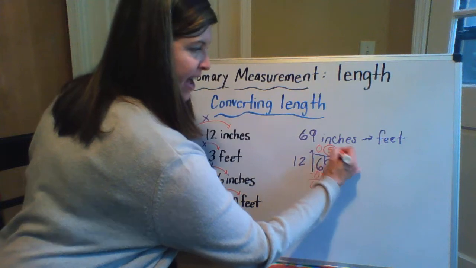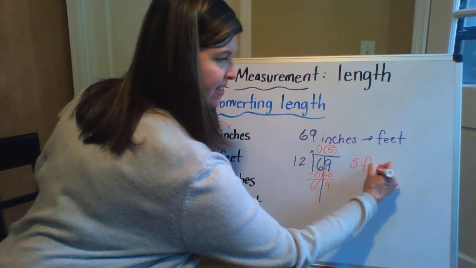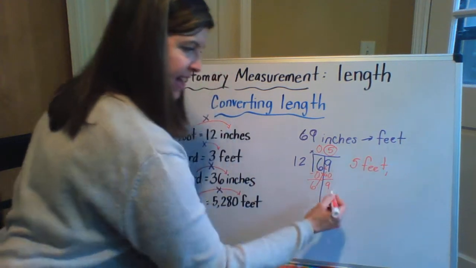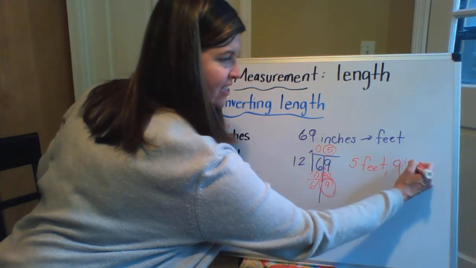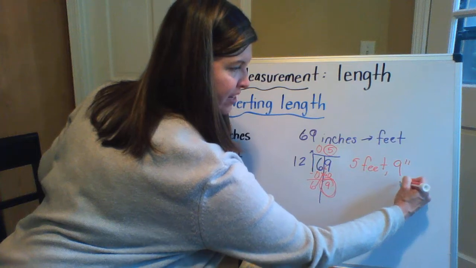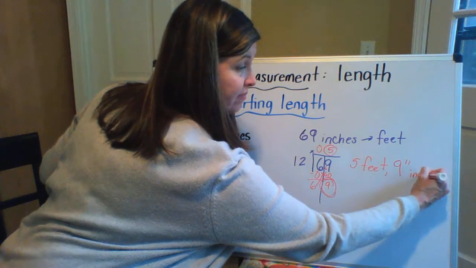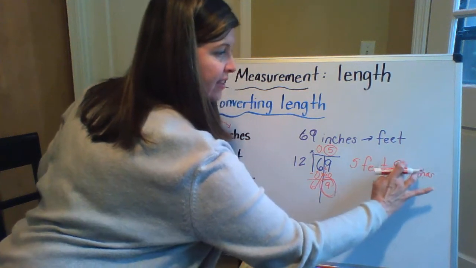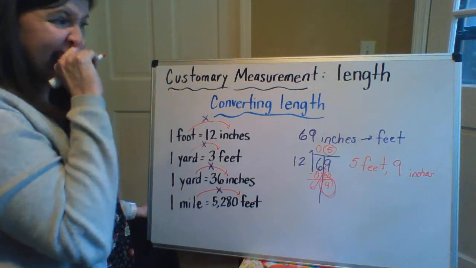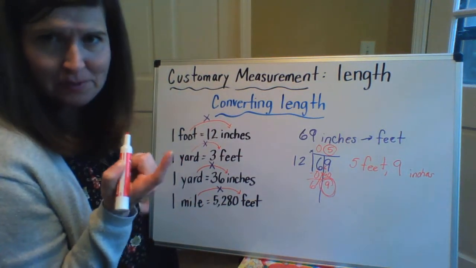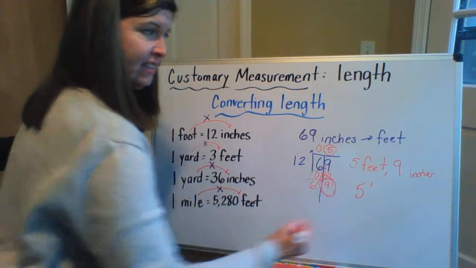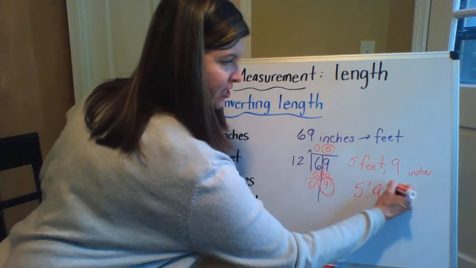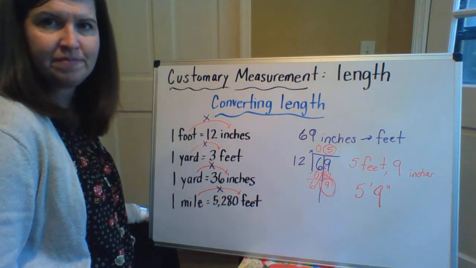That tells me I am 5 feet tall and I have 9 inches. That's the symbol for inches, or I can write inches. Another way of writing that, and I was doing the symbol when I first started, is that I would say I'm 5 feet, 9 inches tall.